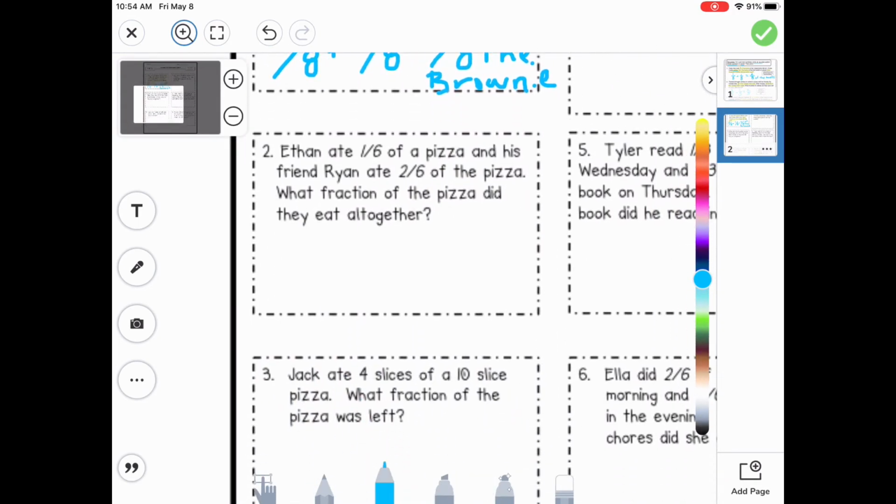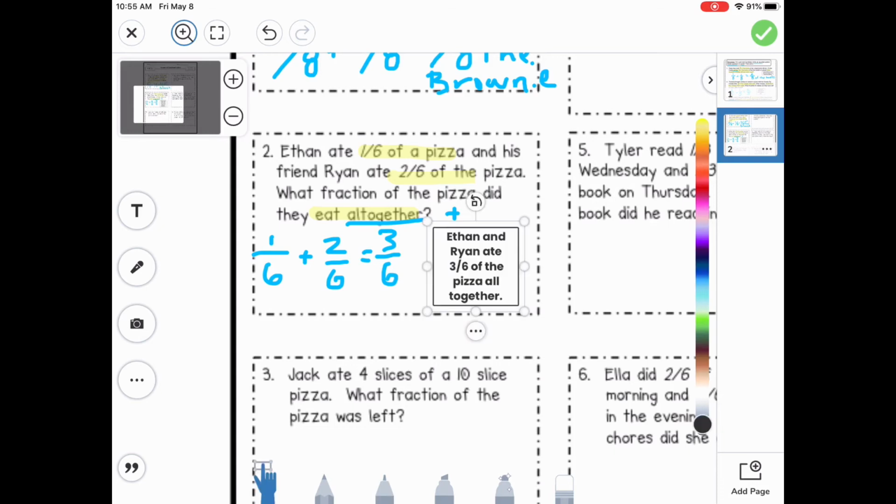Question number 2 says, Ethan ate 1/6 of a pizza and his friend Ryan ate 2/6 of a pizza. What fraction of the pizza did they eat all together? This word all together tells me that I need to add those two fractions together. So I'm going to add 1/6 and 2/6, which equals 3/6. So Ethan and Ryan ate 3/6 of the pizza all together.